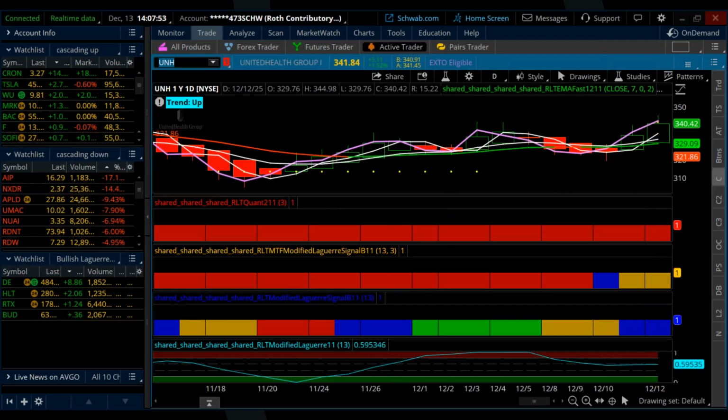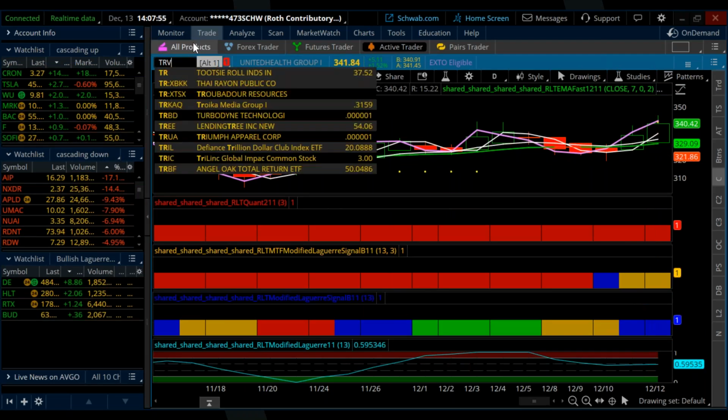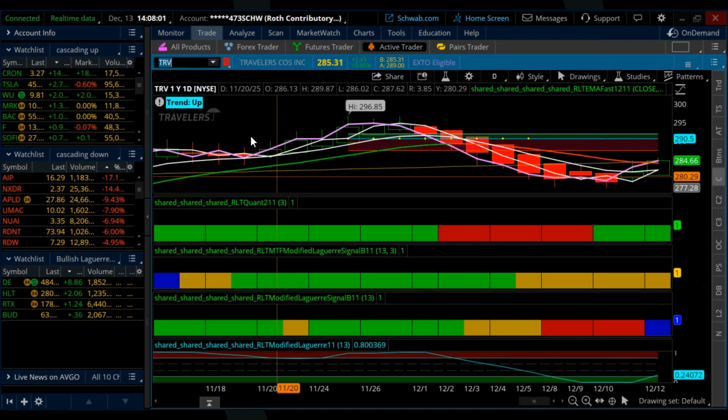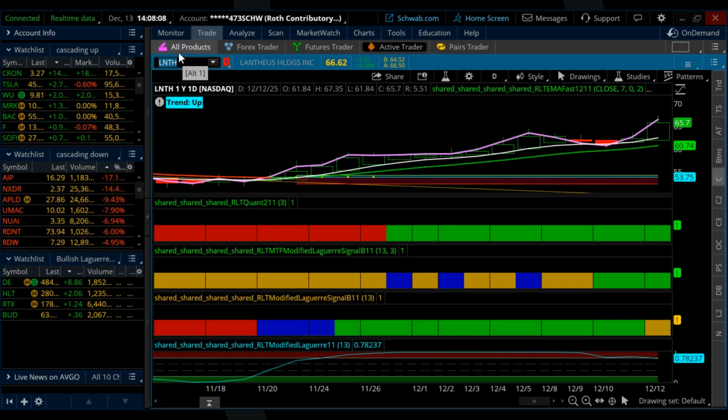So that's how I hone them down to the ones that are likely to work the best. Travelers as well, not a good trade because of this, right? So I've limited it down basically to, I think it was, LNTH. Yeah, out of those, that would be the one I look at Monday because this is so high. This is likely to go back to green.